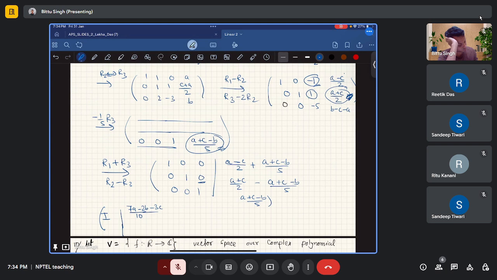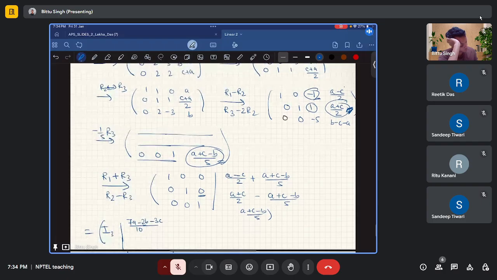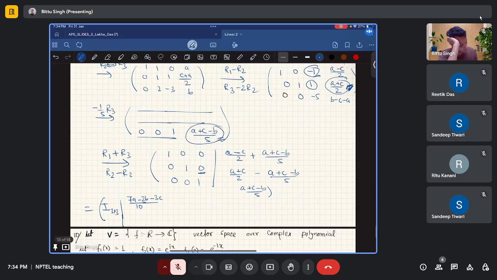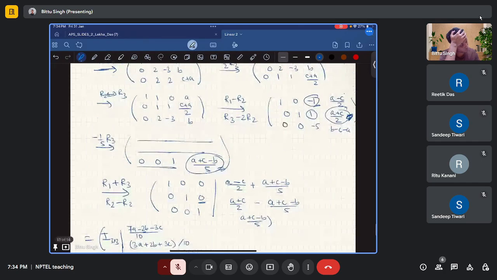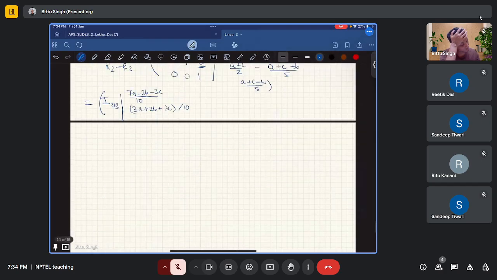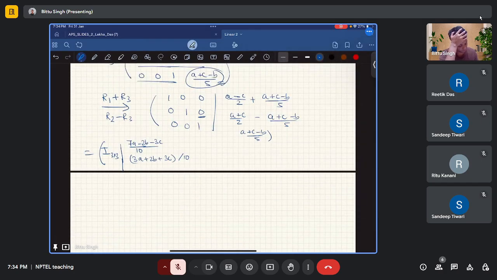And similarly this is equal to this identity, this is the 3 by 3 identity matrix, and again if you add those things, 3a plus 2b plus 3c by 10, and the last thing will be c plus a minus b, that is a minus b plus c by 5.